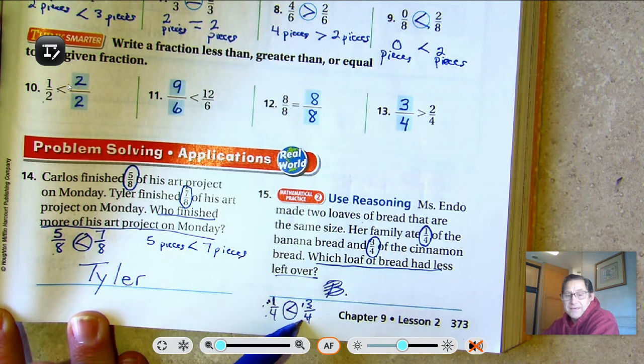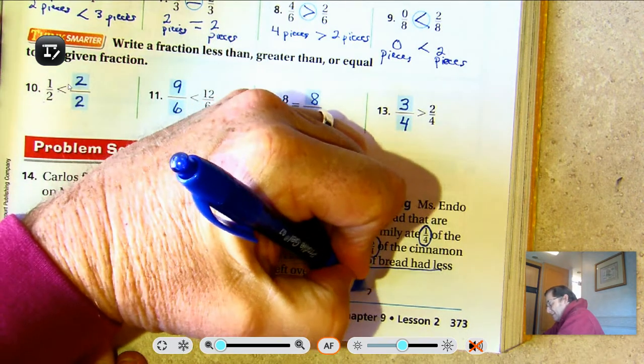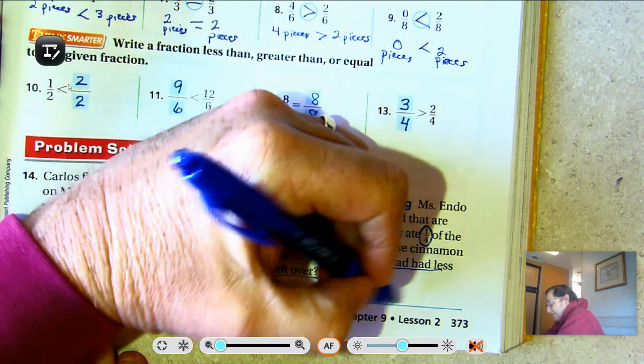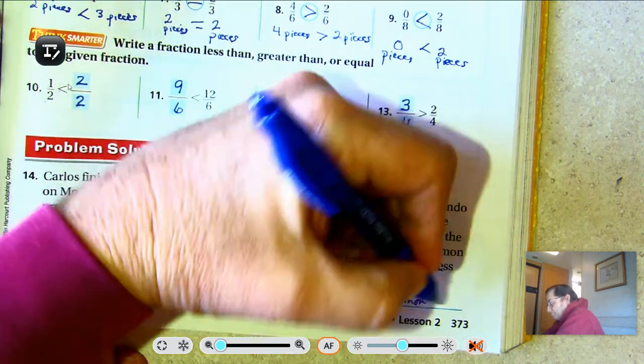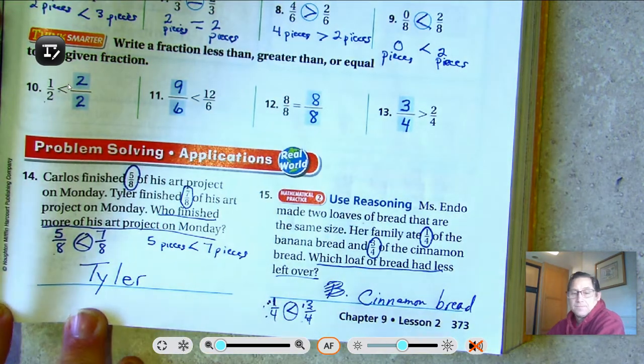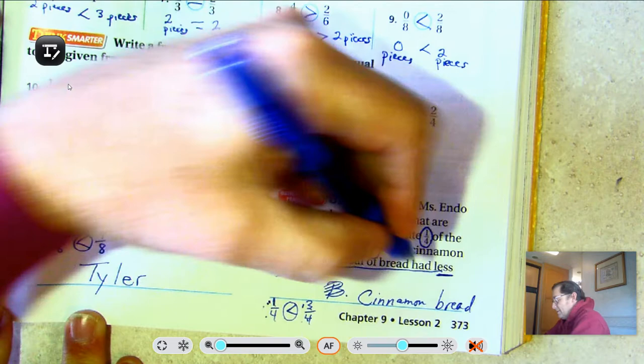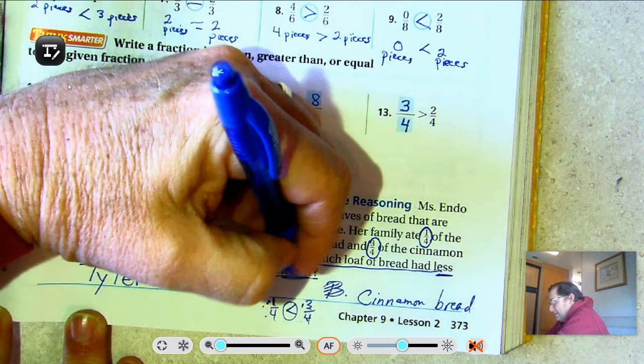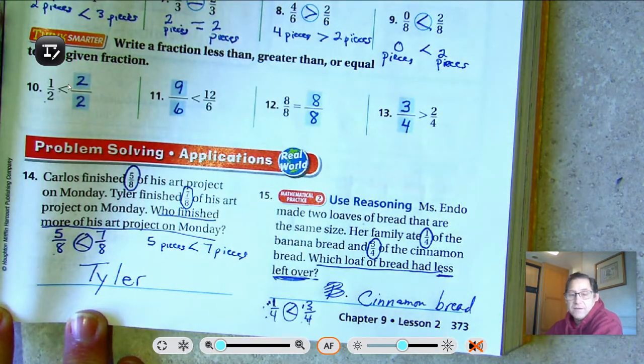There's only going to be 1 piece left of this one because they ate 3/4 of it. So the cinnamon bread has less left. Okay, the key word was less left over. The key part of that question was which one had less left over.